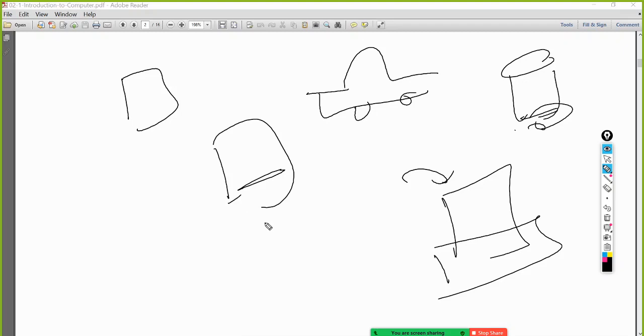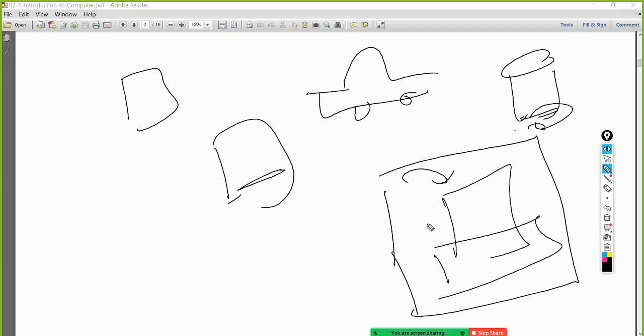Our subject is ICT. Students who are doing ICT, our main focus is this particular device and its capabilities. Your subject is not IT, it is ICT, information and communication technology.